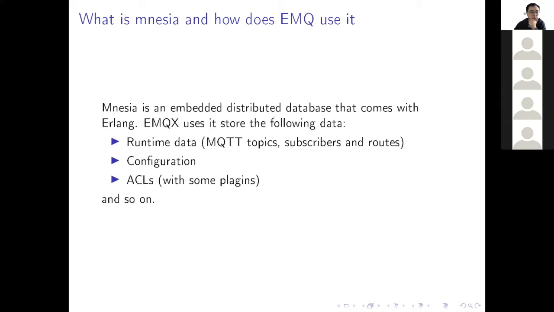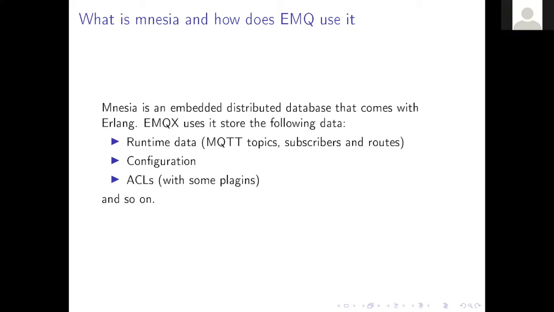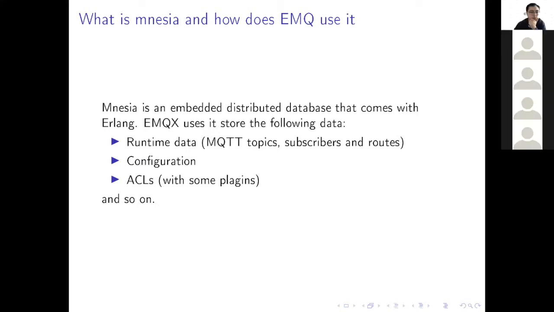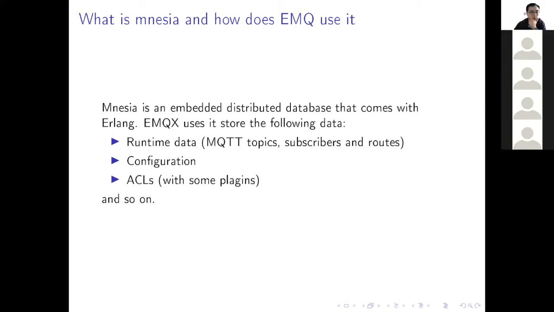What is Mnesia? How does EMQ X use it? And why is it beneficial to work on the performance improvement? Mnesia is an embedded distributed database that comes included with Erlang.